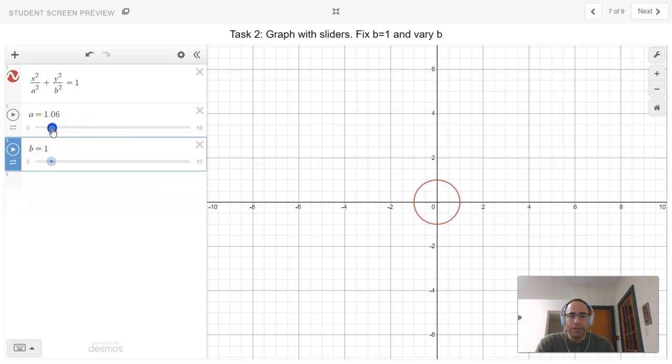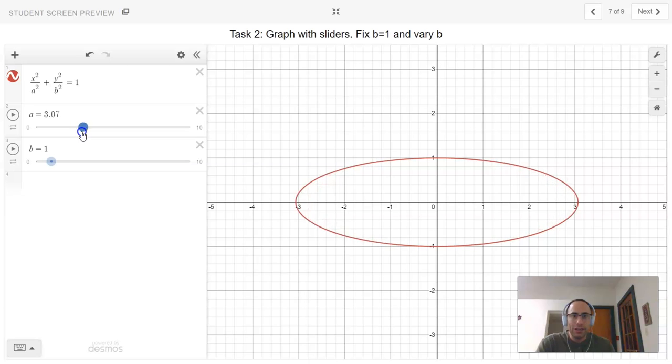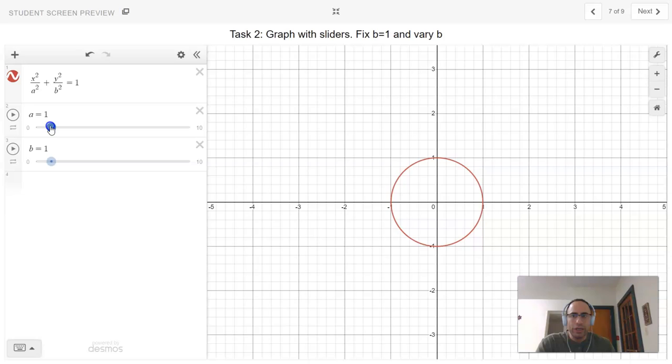What's going to happen? Well, now it's still being stretched out. Again, when a was 1, the graph was the unit circle like before, if we zoom in. See? But now we're going to let a vary. As a gets bigger, we're stretching the graph horizontally. a started at 1.